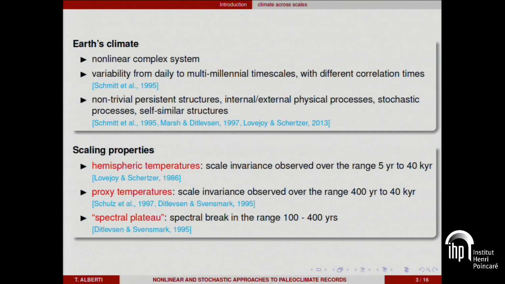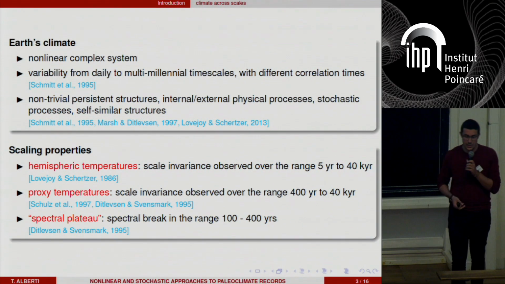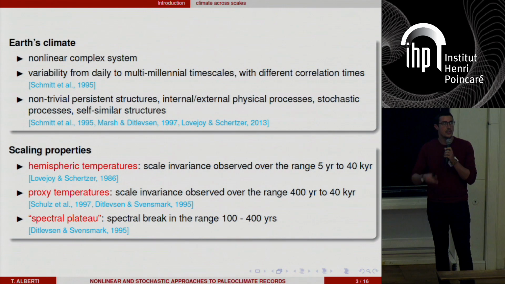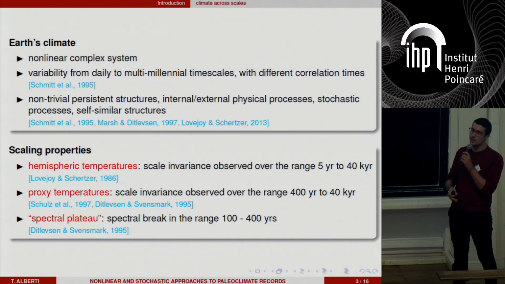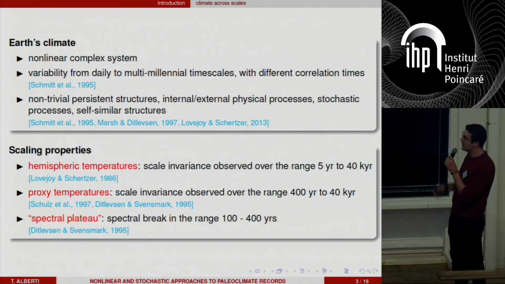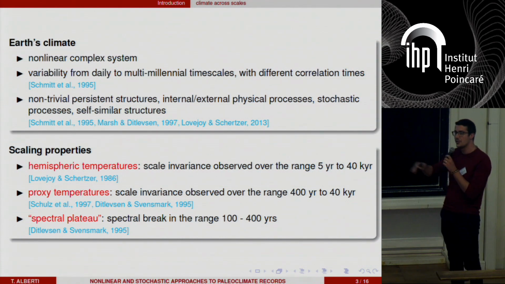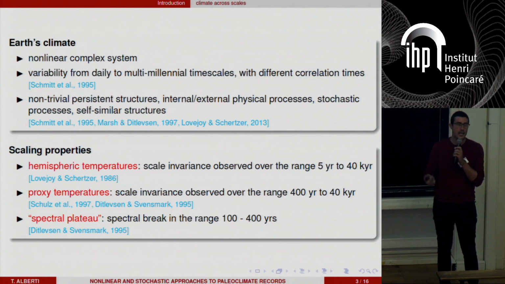As you know, the Earth's climate presents variability over different time scales, both temporal and spatial. It is a nonlinear complex system characterized by interactions between different components, and by analyzing both observational and reconstructed records, it has been shown that there are several scaling features in these time series with different spectral and scaling slopes.